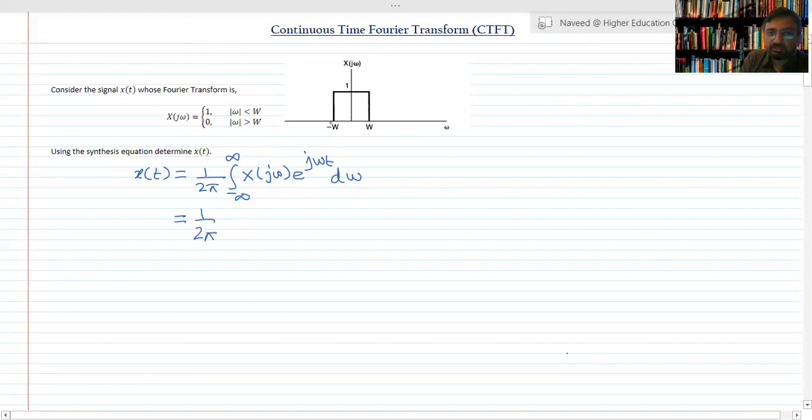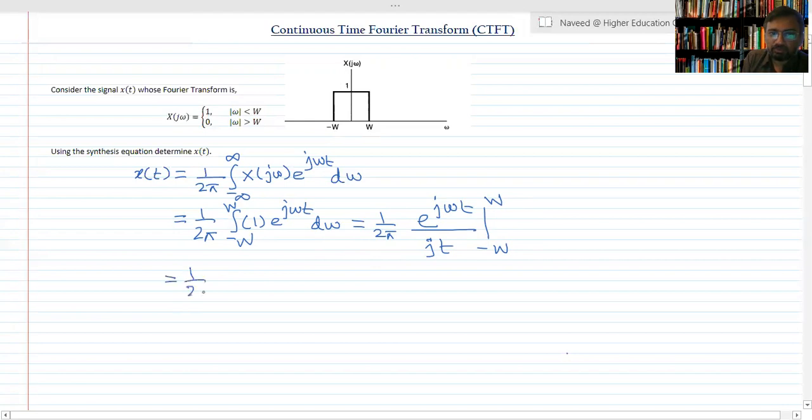X(j omega) is 1 only between minus W and W. Therefore, the limits will go from minus W to plus W of e^(j omega t) times d omega. And then we integrate it out. e^(j omega t) divided by jt, from minus W to plus W. Remember, we are integrating with respect to variable omega, not t.